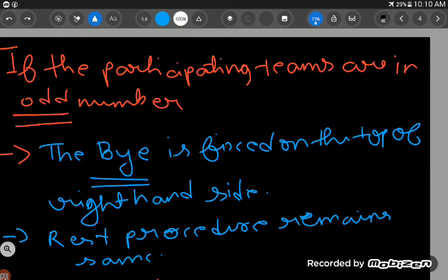What you have seen here: when participating teams are in even number, team 1 is fixed at the top of the right hand side. When the participating teams are in odd number, you will give the bye in each round, and it should be fixed, same as in even number, at the top of the right hand side.